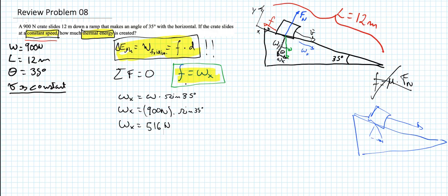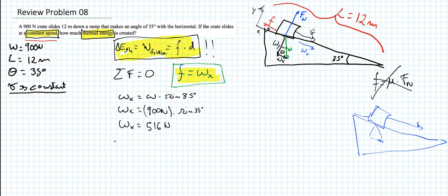If I have the friction, I just need now to plug it into this formula for the thermal energy and multiply by the distance. What's going to be the distance? The distance that this force will be applied. That's going to be the whole hypotenuse of this triangle, and I have it as 12 meters.